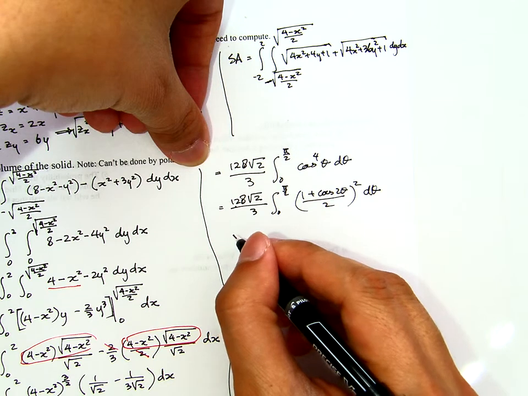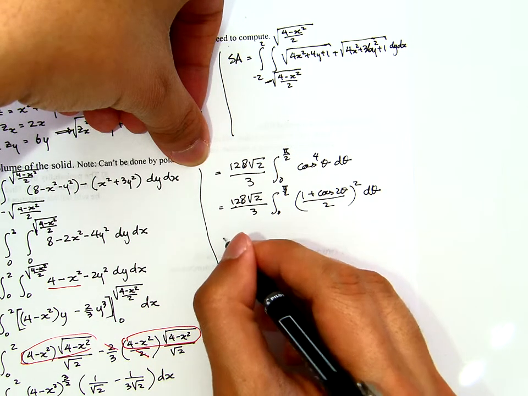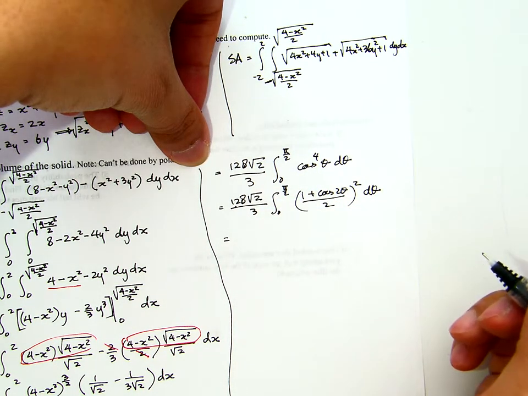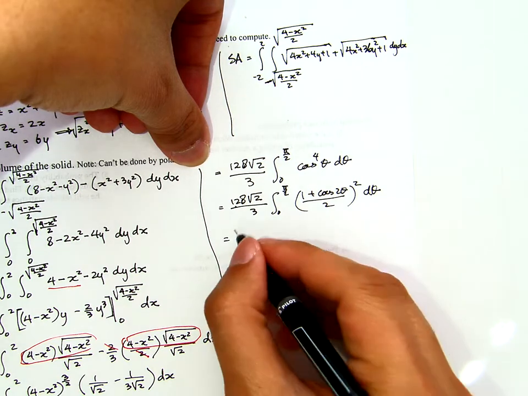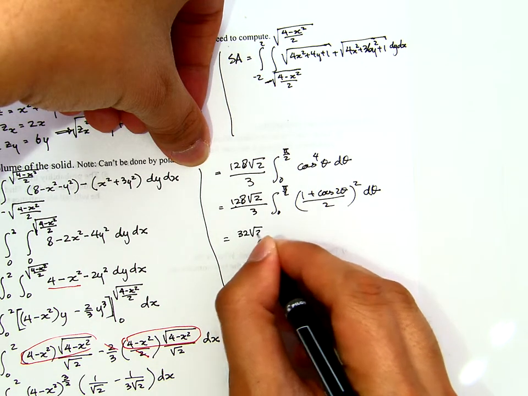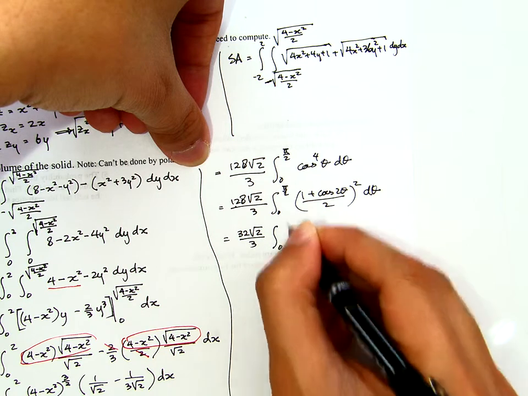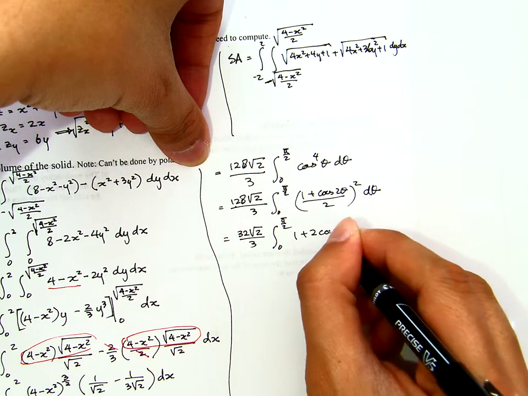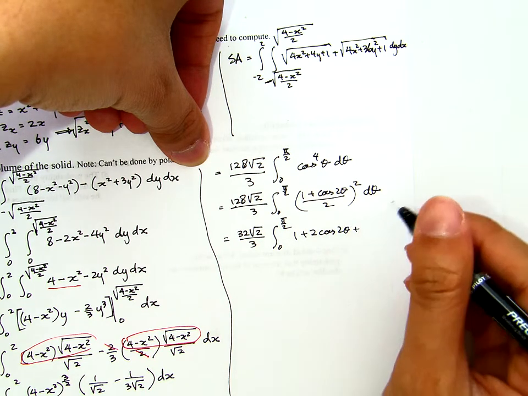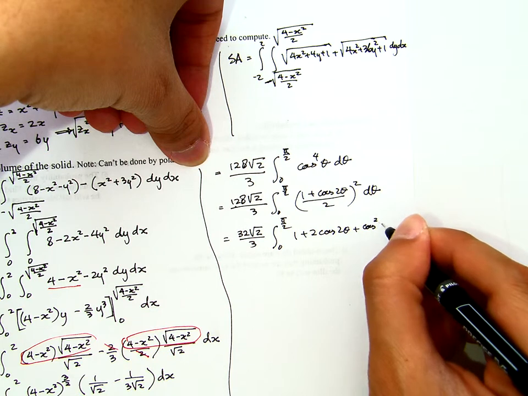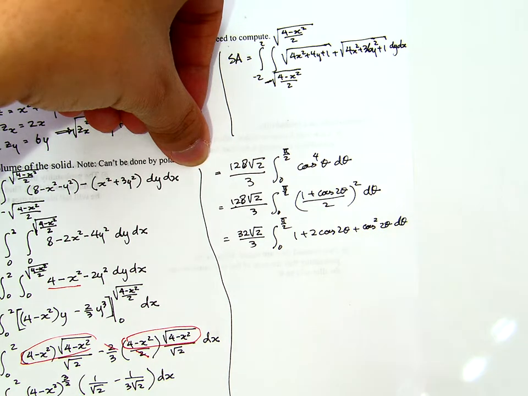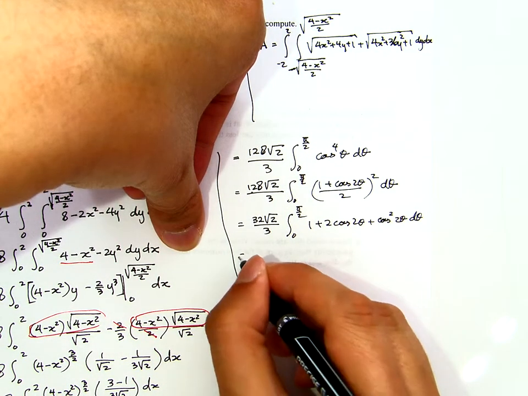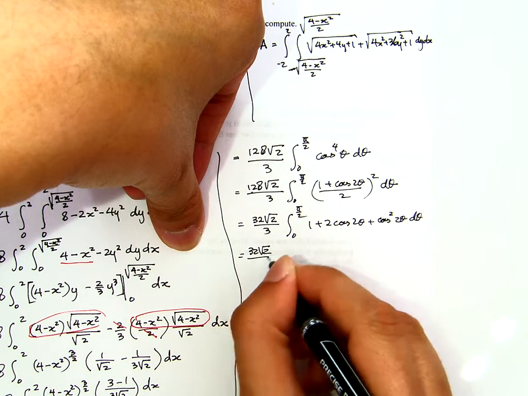Now later on, 2 squared is 4. If you divide that by 4, you get 32. So 32 radical 2 over 3 integral from 0 to pi over 2, and I will FOIL the top: 1 plus 2 cosine 2 theta plus cosine squared 2 theta, d theta. And then this equals 32 radical 2 over 3.